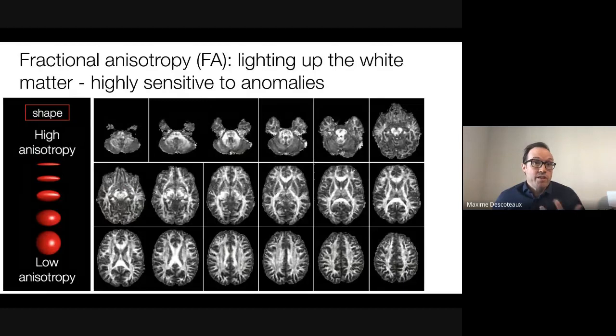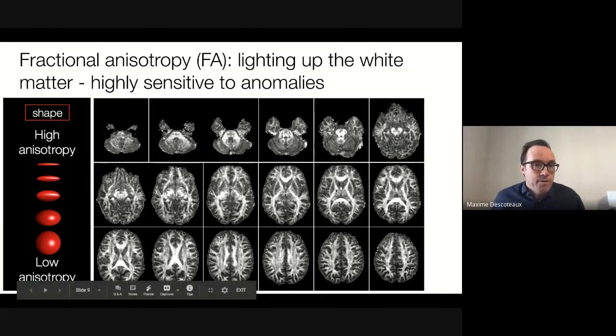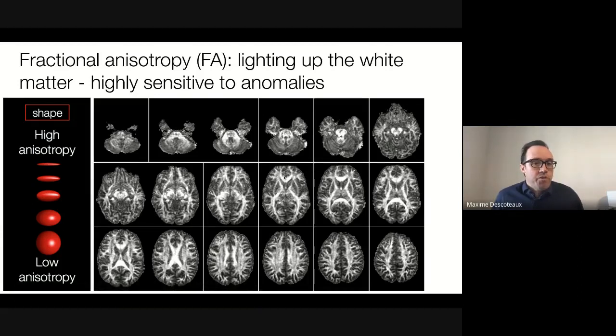And so fractional anisotropy, FA, will quantify how elongated this tensor is. If it's a needle, you get an FA of 1. If it's a sphere, you get 0. And you see, it's a very nice way to light up the white matter. It's very sensitive. As soon as you have disease or pathology, typically FA will drop.